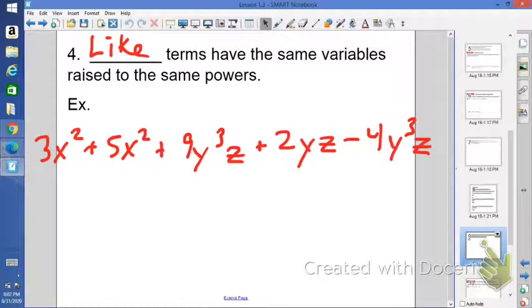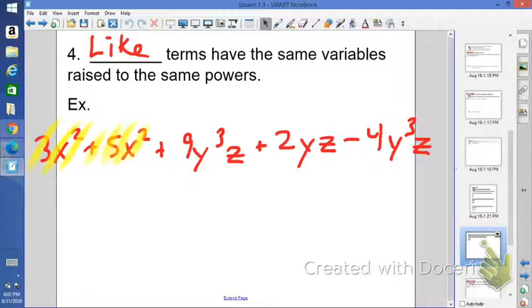Like terms have the same variables raised to the same powers. So if we look here, 3x squared and positive 5x squared, those are like terms because their variables are raised to the same power.